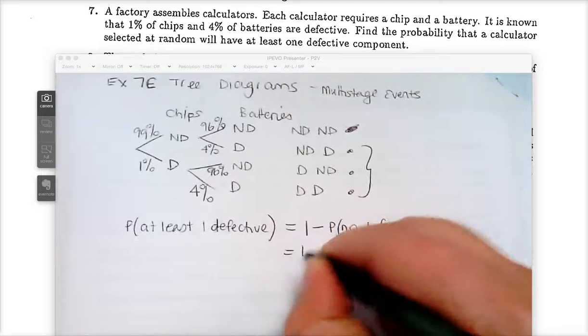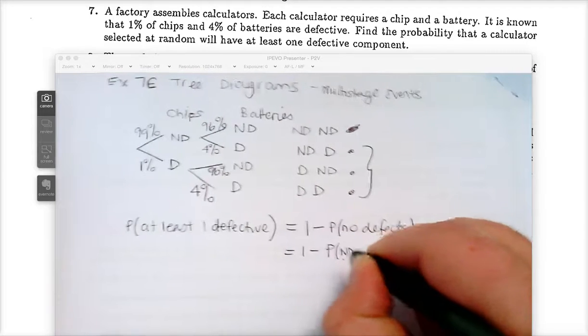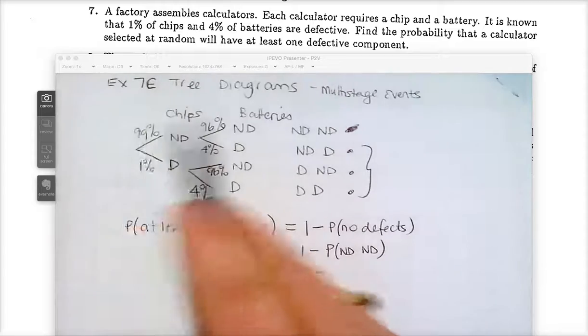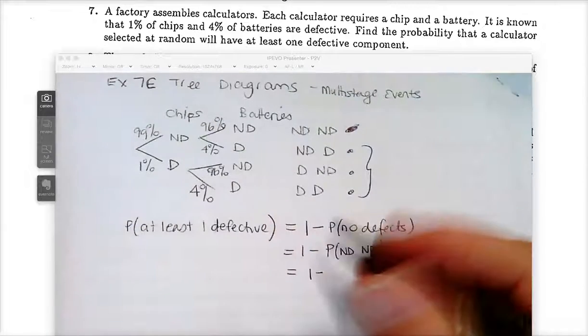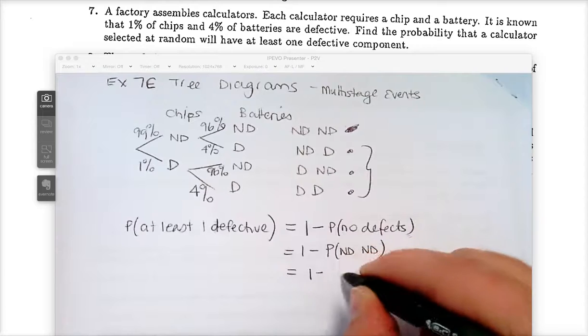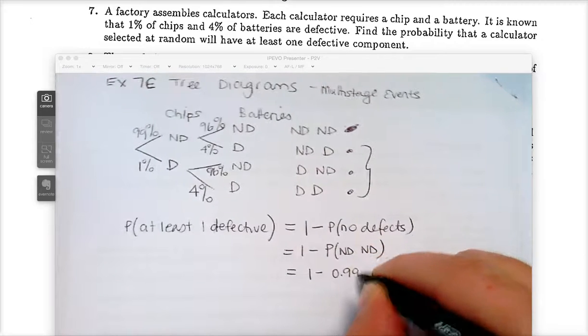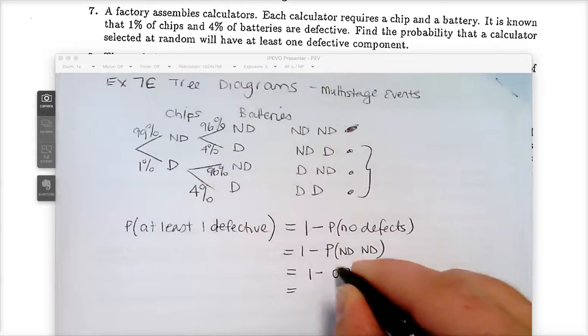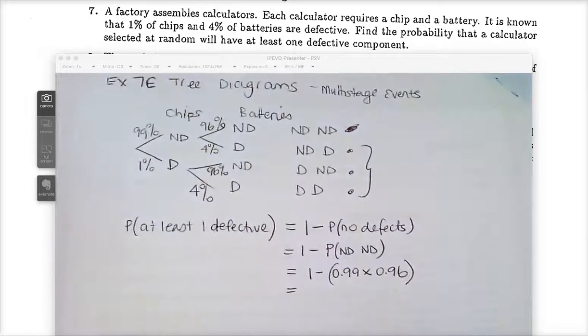So it's 1 minus the probability of ND. How do we do this probability? We multiply. Now 99% is 0.99 and 96% is 0.96. So 1 minus 0.99 times 0.96. You could work out the probability of no defects first.